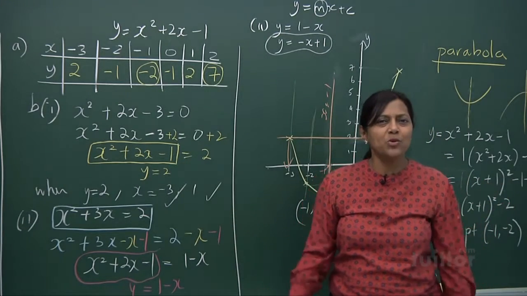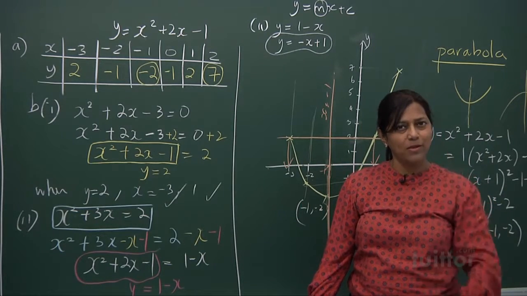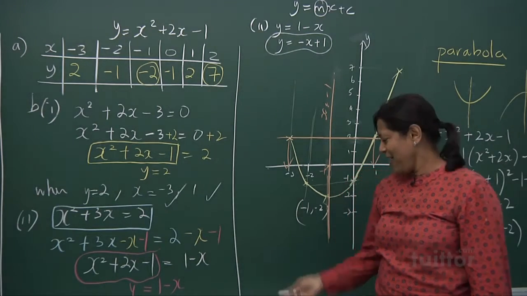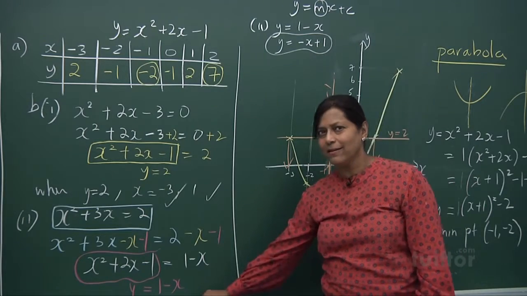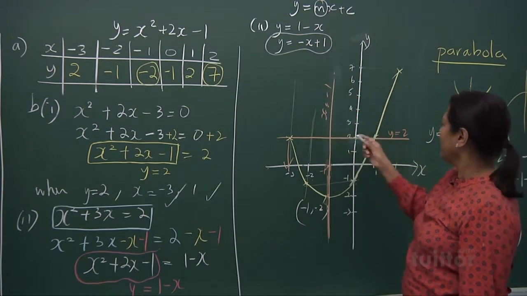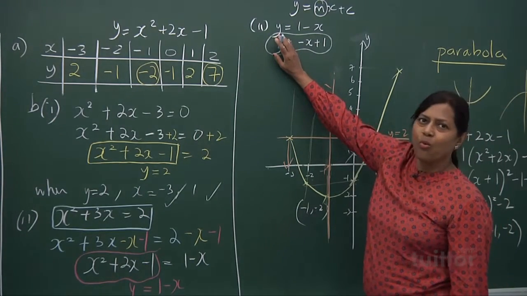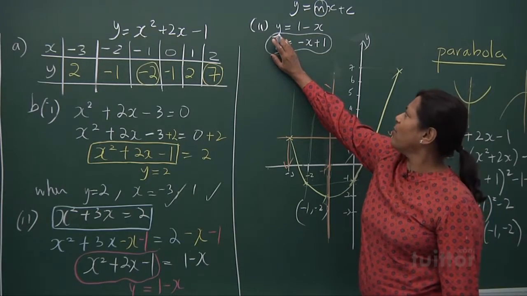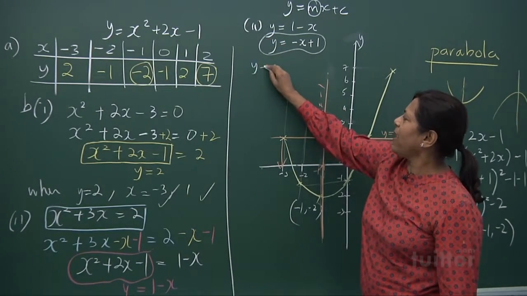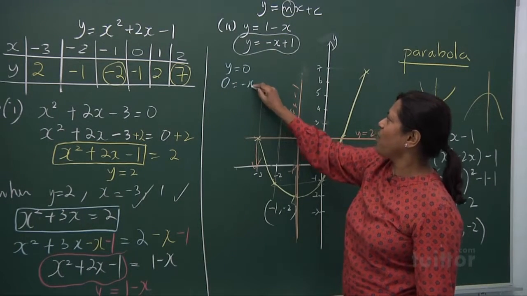How many points do you need? 3 points. But we can also draw it with 2 points if you're confident enough. And what will be your best point? X is 0, y is 1. Great, that's 1 point. Next, y is 0. When y is 0, look at that, your minus x plus 1.